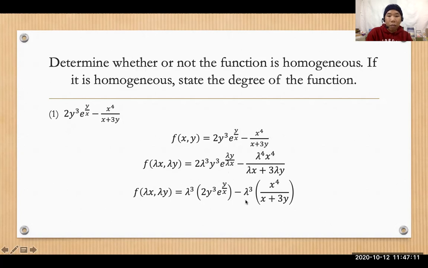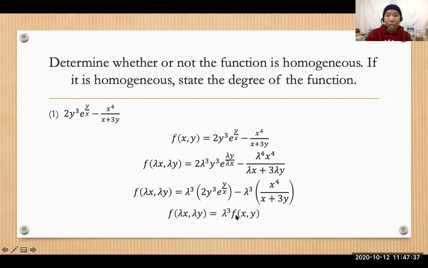So we have this term, which is similar to the one you're given, x raised to 4 over x plus 3y. Now, since you can see lambda cubed in each term, this signifies that the given function in each term are homogeneous functions and they are of the same degree. So factoring out lambda cubed will give us the original function multiplied by lambda cubed.